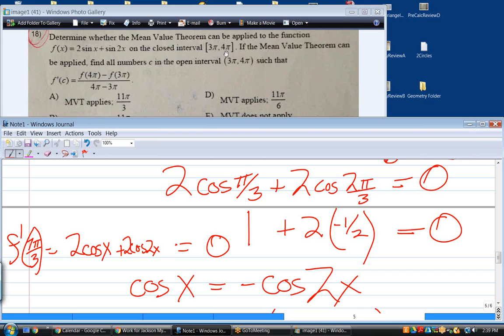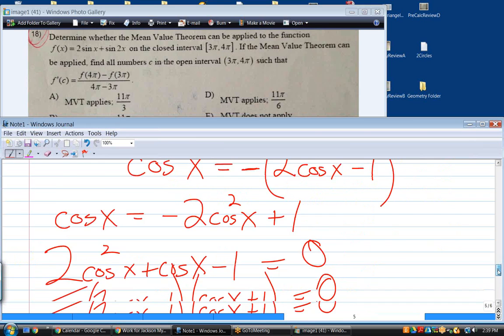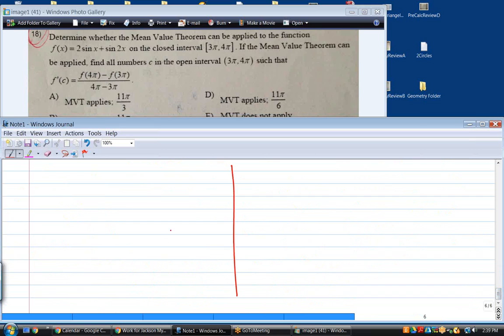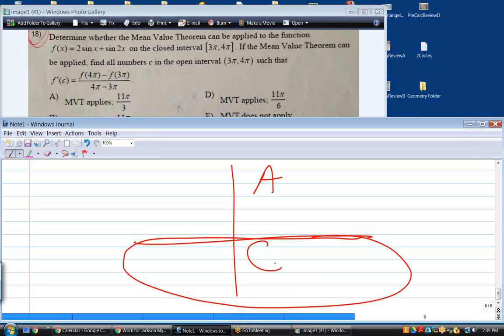That's not between 3 pi and 4 pi. If I draw a unit circle, cosine is positive here and here. So this is the part that they're looking for, the third and fourth quadrant answer. So I need the equivalent fourth quadrant for 7 pi over 3.